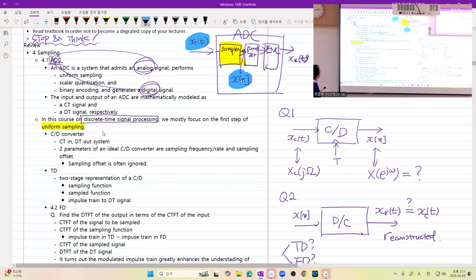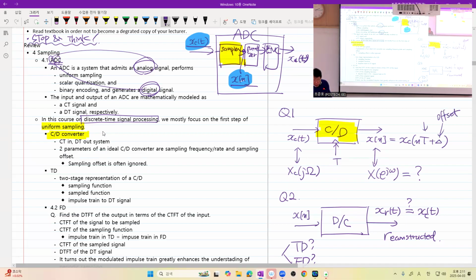Okay, what else do I need to say? Yeah. So this input, that output, is called a C2D converter. And a C2D converter has a CT signal in and a DT signal out. And in the time domain, what is the relation between the input and output? The output is simply the evaluation of the input signal at every integer multiple of T plus some possible offset.